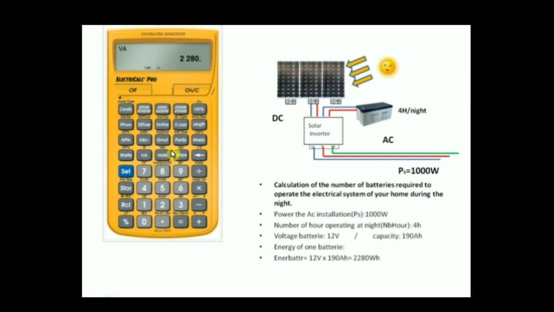As you can see, we have the energy of one battery equal to 2280 watt hours. We're going to store this value so we can use it in the next equation. So we're going to click on store and then on 1.